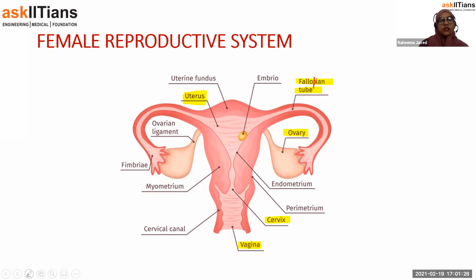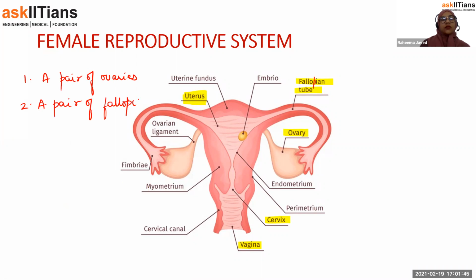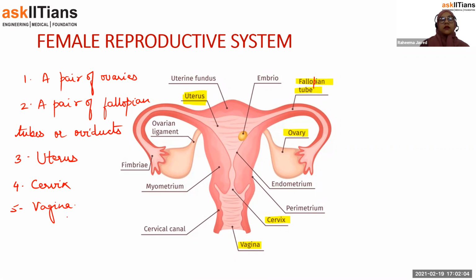So I'm going to just list them down here. A pair of ovaries, a pair of fallopian tubes or oviducts, uterus, cervix, and vagina.